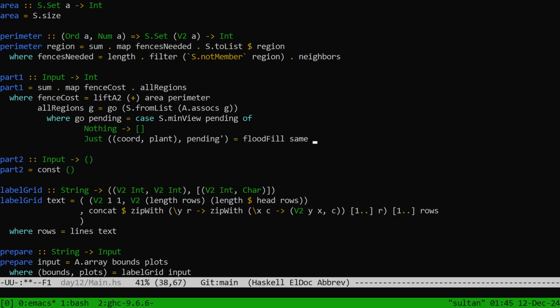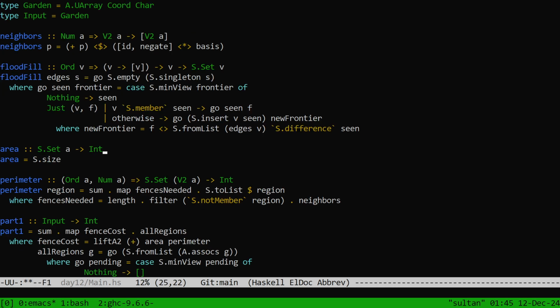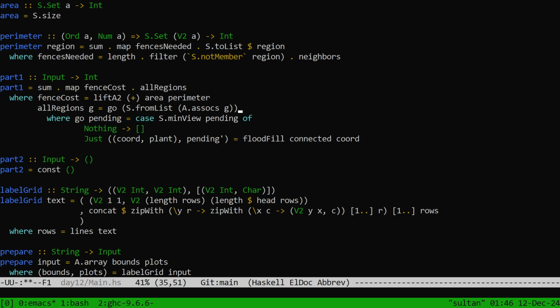Same? They're the same if they're connected? Starting from just the coord. We won't give it the plant. Flood fill is just taking, in this case, I mean, it could take anything, but we're going to give flood fill just the coordinates, because that's all we really want back anyway.